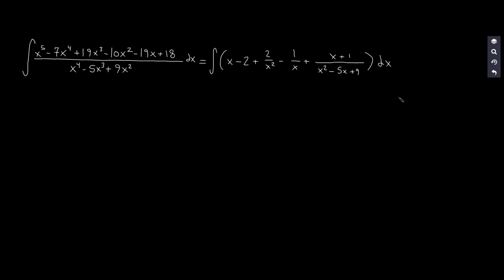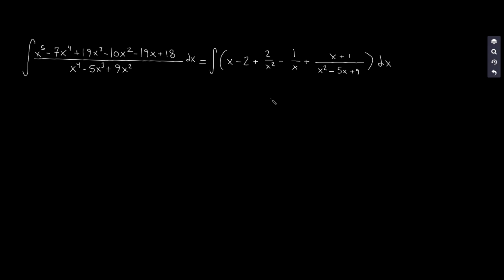Well, that's equal to the indefinite integral of x minus 2 plus 2 over x squared minus 1 over x plus 1 over x squared minus 5 times x plus 9, integration with respect to x. In other words, this is equal to 5 different integrals that we just worked out.